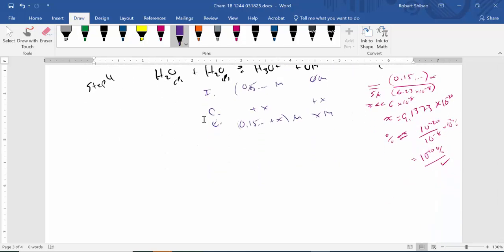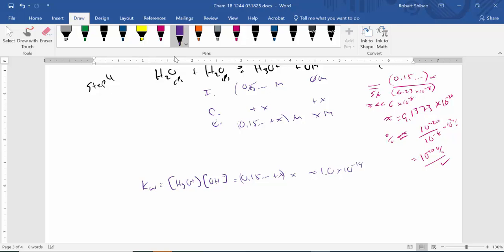So solving for Kw, Kw is just the hydronium times the hydroxide concentration, which is going to equal 0.15... plus X times X. Now, this is equal to 1.0 times 10 to the minus 14.